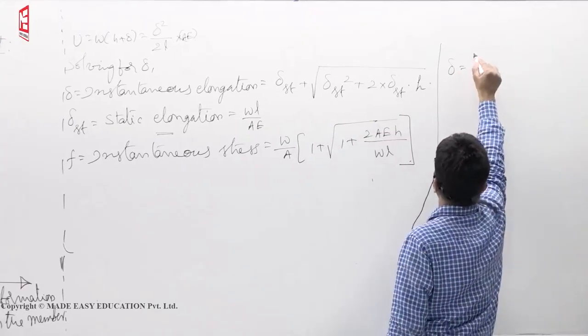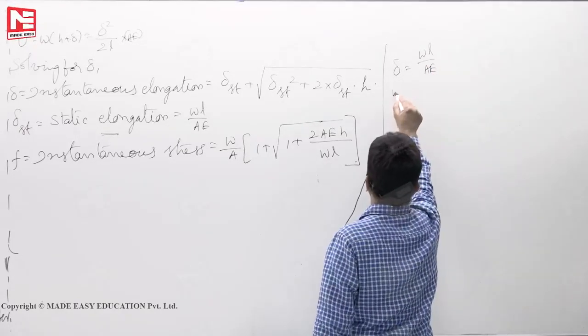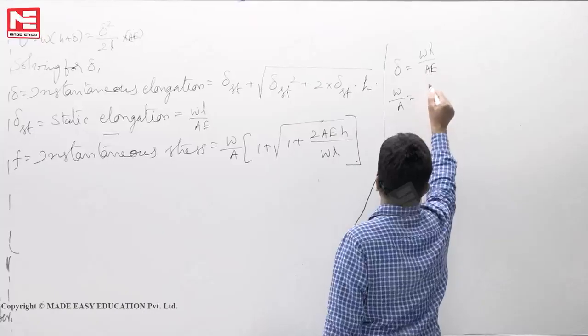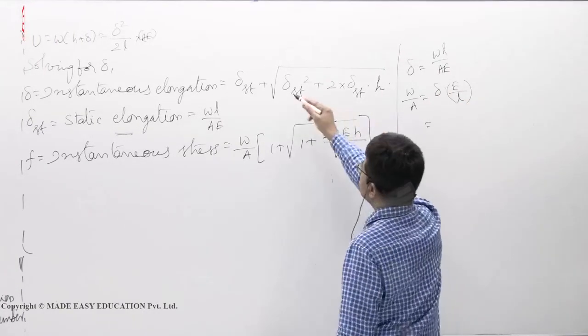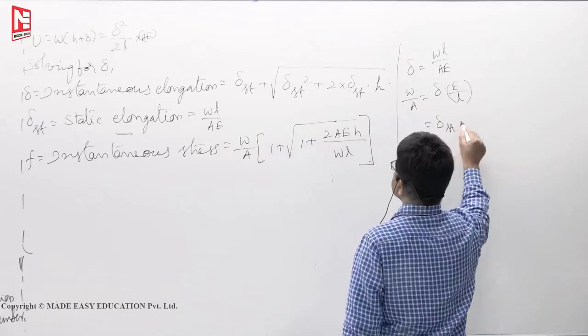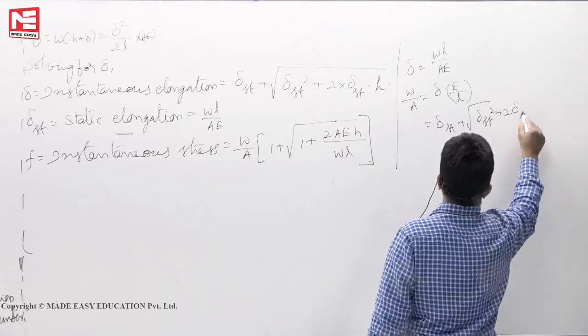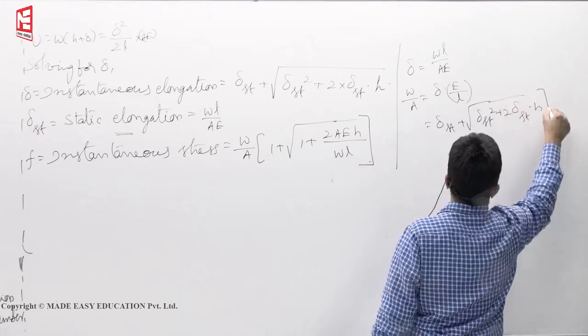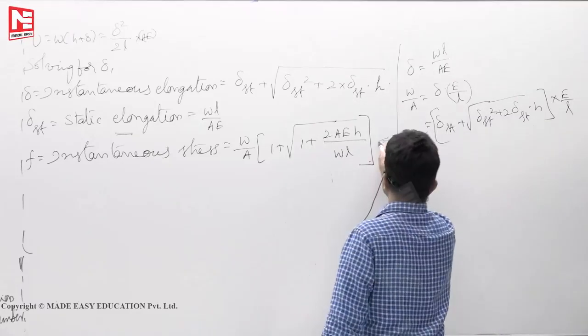Delta is equal to WL by AE. Now, W by A I can write as delta into E by L. So delta means you write this one, delta static plus square root of delta static elongation into H into E by L. If you simplify this, you will get like this.